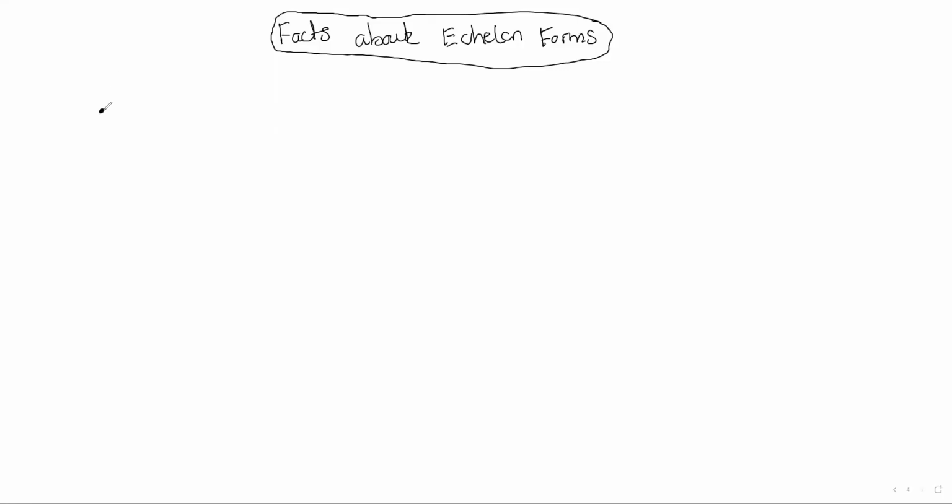Fact number 1 is that every matrix has a unique reduced, see the word reduced, very important, row echelon form.